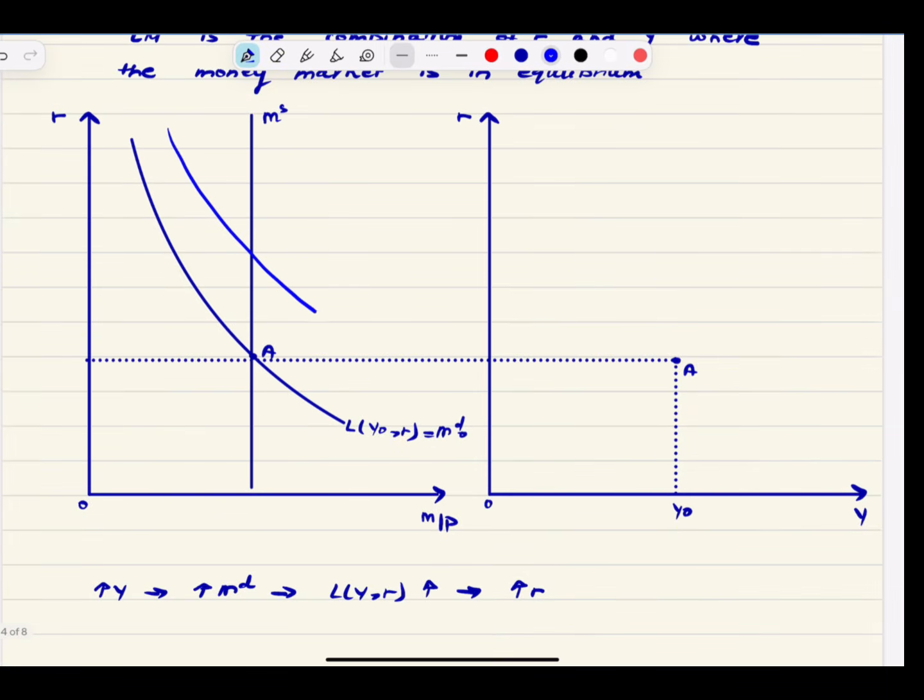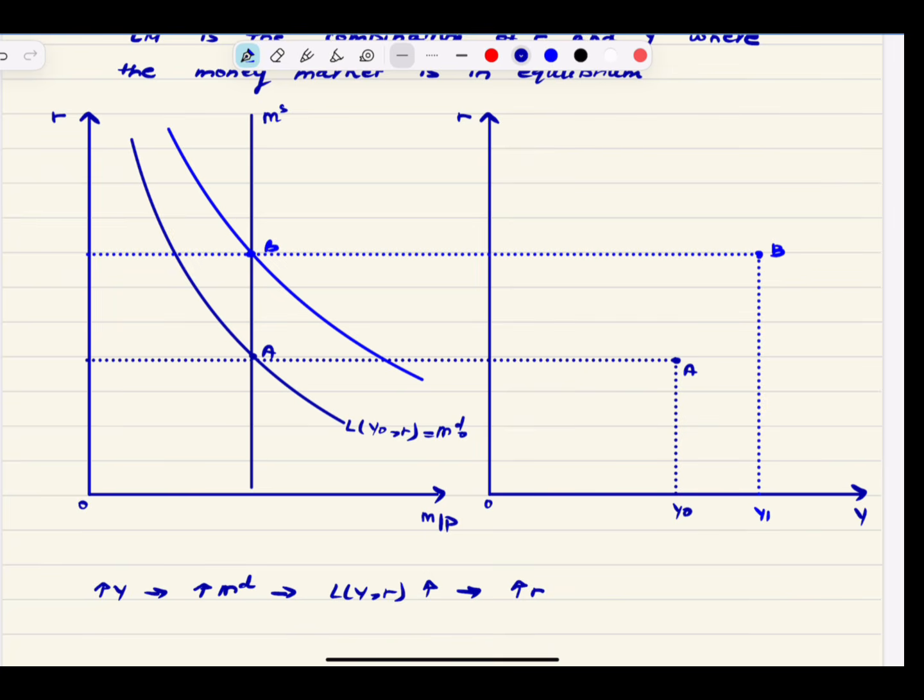So visually this goes right here. We end up with a higher level of interest rate, and therefore we get a positively sloped LM curve. This is output, this is point B. Once I connect these dots, I'm going to obtain a very beautiful LM curve.